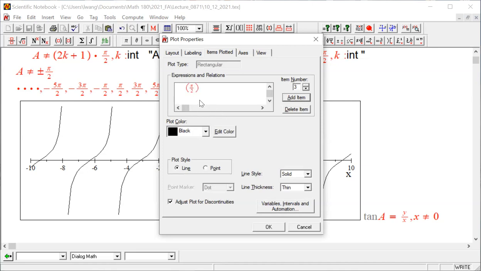Okay, negative pi over 2 is a vertical line. Broken line, let me use a broken line. I'm going to use red for the moment. Forbidden.